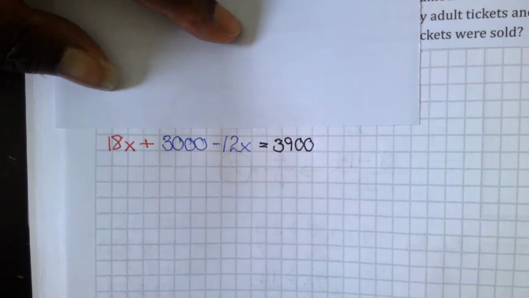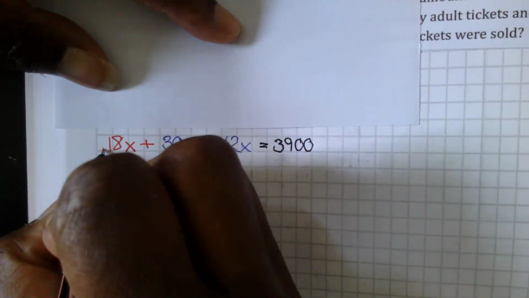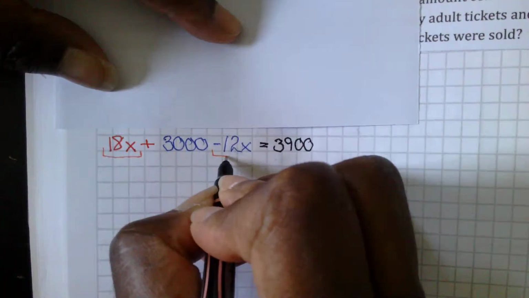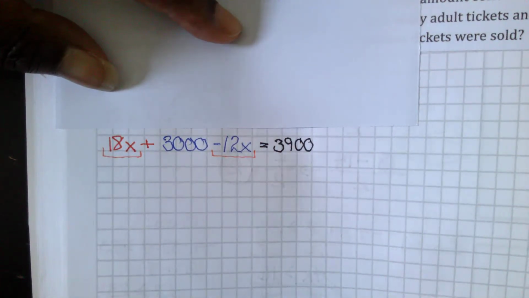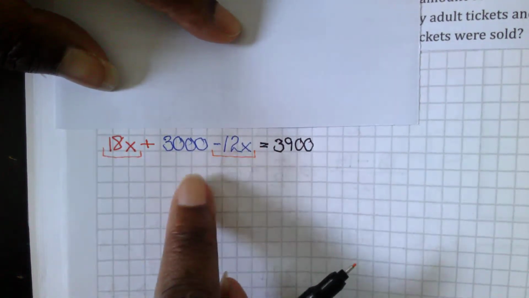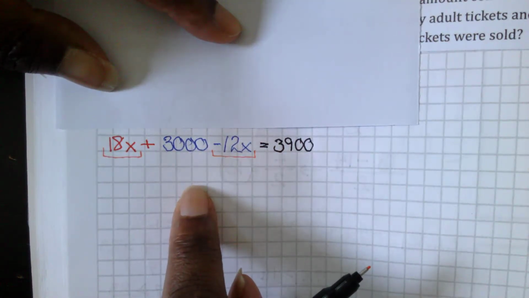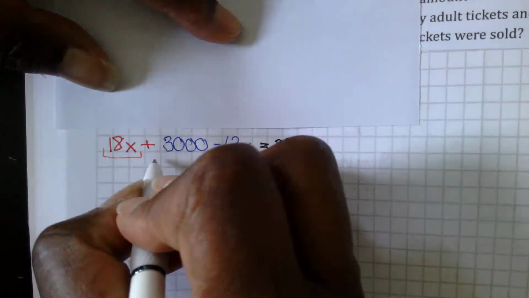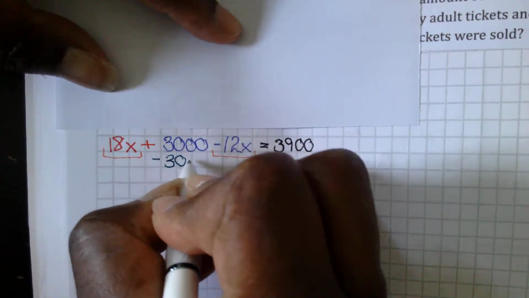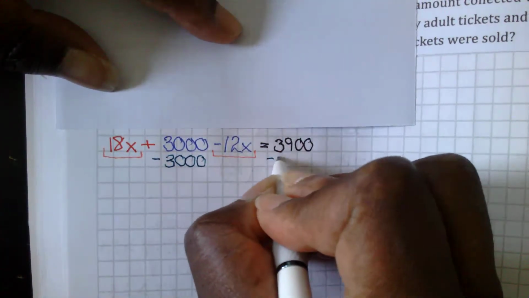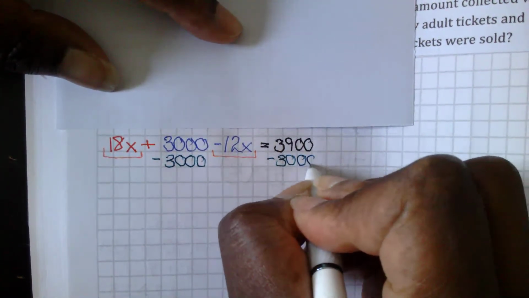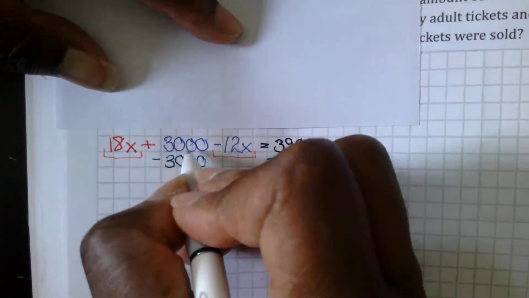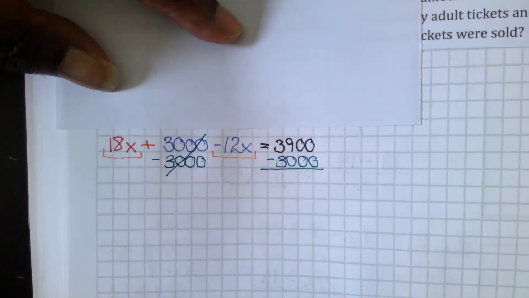So combining like terms, we have 18x minus 12x. Since they're both on the same side of the equal sign, we can go ahead and combine those. The x's are going to stay on the left-hand side, but with the 3,000, we're going to subtract that, because I want all my constants on one side and all my x's on the opposite side.